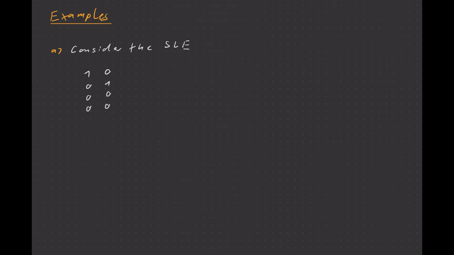So here is the tableau form of our system. And remember, we are at this point only talking about homogeneous systems, so the right-hand side is 0.